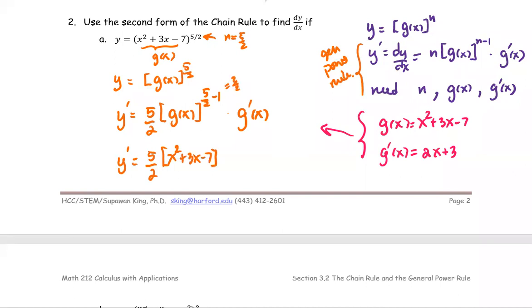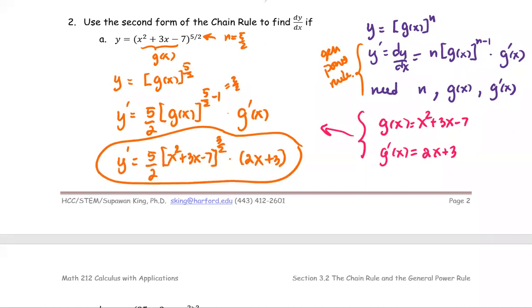This is 3 over 2, so the new power is 3 over 2. Then multiply by g prime, which is the quantity 2x plus 3. And this is your answer for part A, the derivative of y in part A.